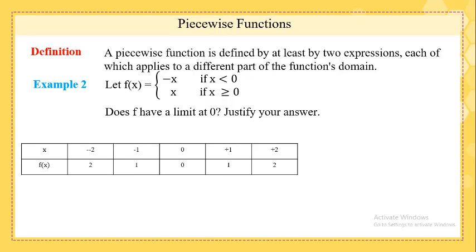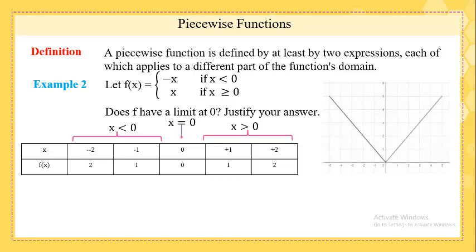Does f have a limit at 0? Justify your answer. We will use the following table. We see that as x is negative, the following values as x tends to 0 and x greater than 0.